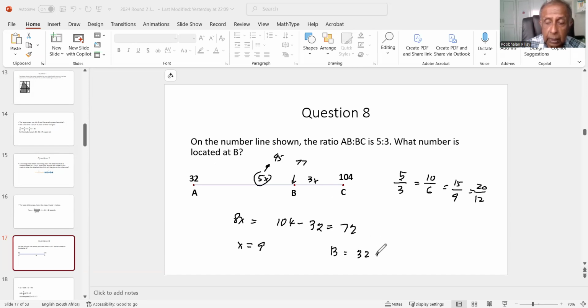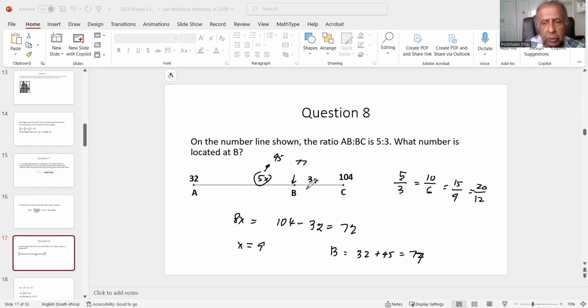Starts off with 32, you see? 77. So that's the number which is located in B. And if you look carefully, you'll see 77. If you subtract it from 104, you get 27, which is 9 times 3, 27.